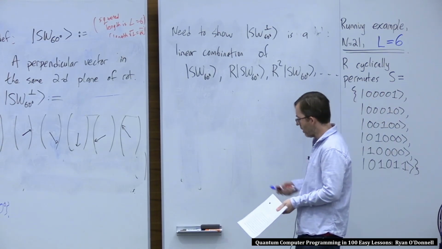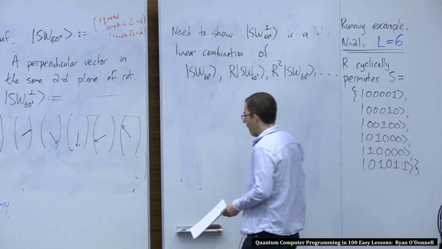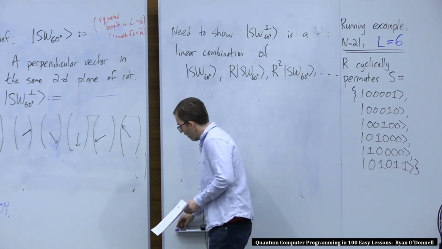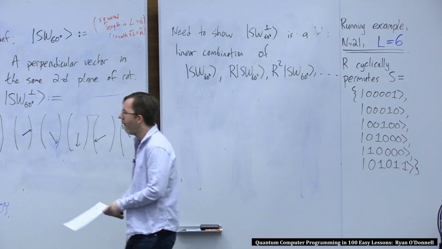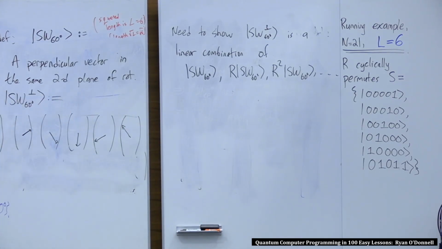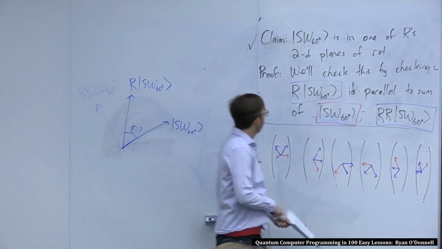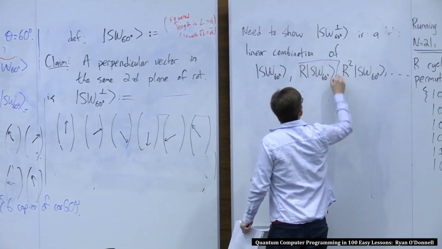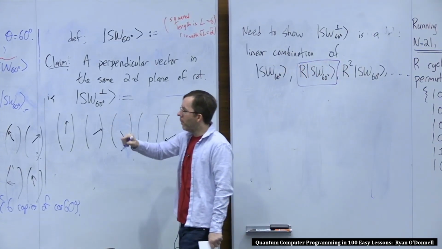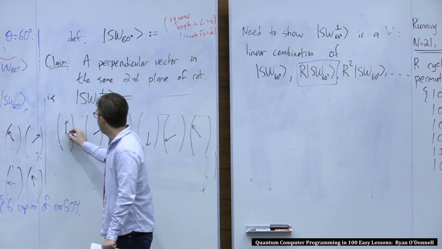Luckily, we have some of these on the board. Our SW60 is this purple one, so let's use that. This purple one is pointing like this.